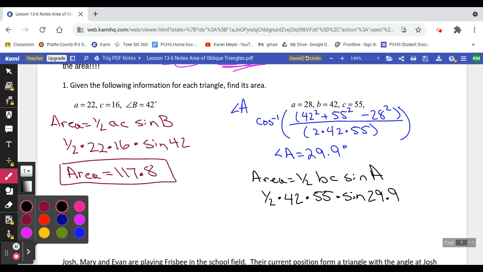Type that into your calculator, and I came up with the area to be about 575.8.